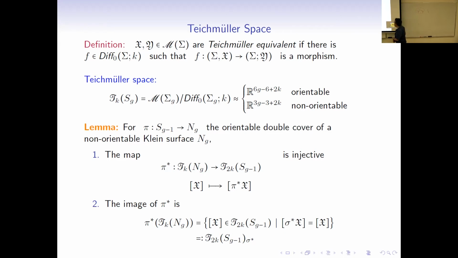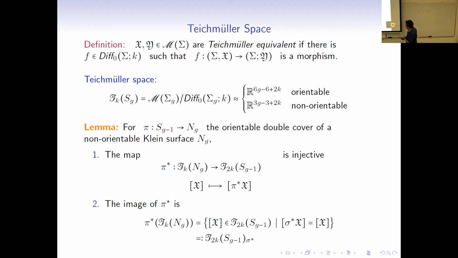You can start with a Riemann surface in the orientable case, or with a non-orientable Klein surface, and what you do is take the space of all structures and quotient them out by the isotopy relation.